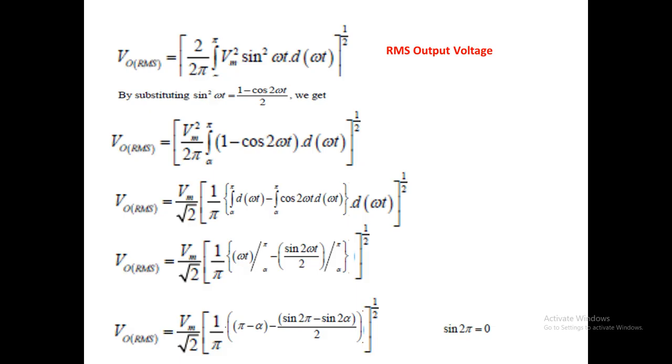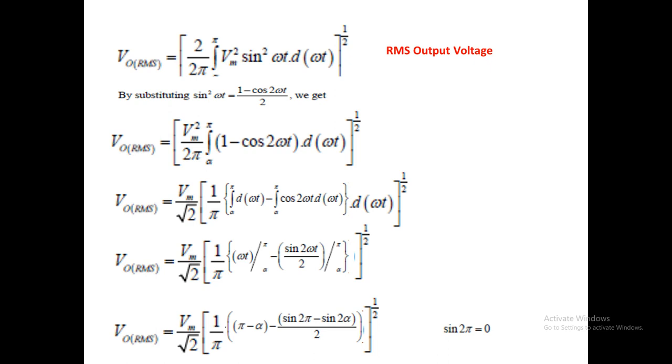We are integrating 1, that is a constant term, so it will be 1 into d omega t to the limit of alpha to pi, minus cos 2 omega t to the limit of alpha to pi with respect to d omega t. On integrating 1 we will get simply omega t for the limit of alpha to pi.